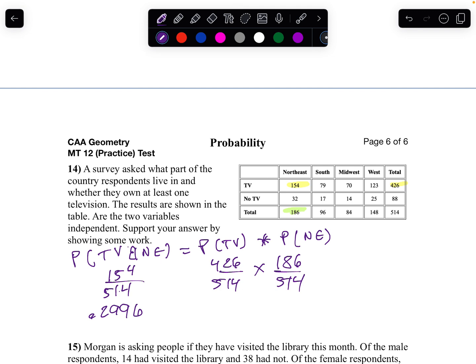I'm going to just use my handheld calculator here instead of going back and forth. So if I take 426 out of 514 times 186 out of 514, I get 0.2999, don't I? I think that's pretty darn close. So I'm going to say they're independent.